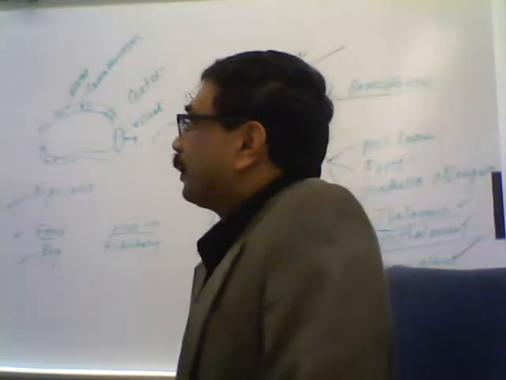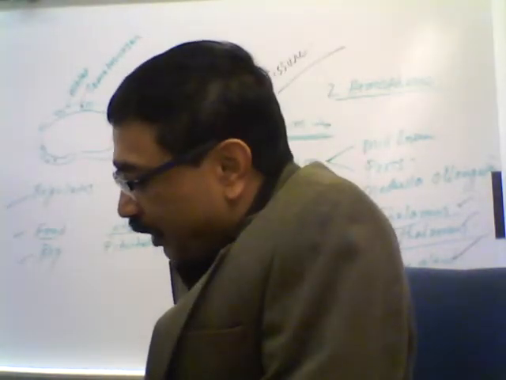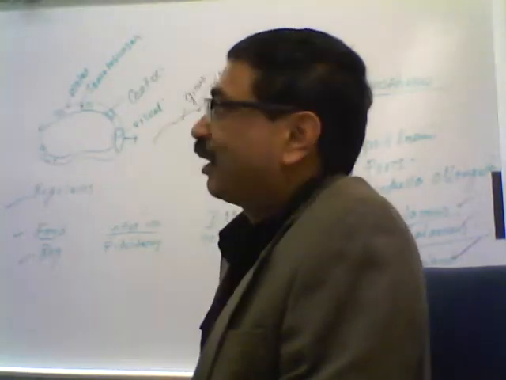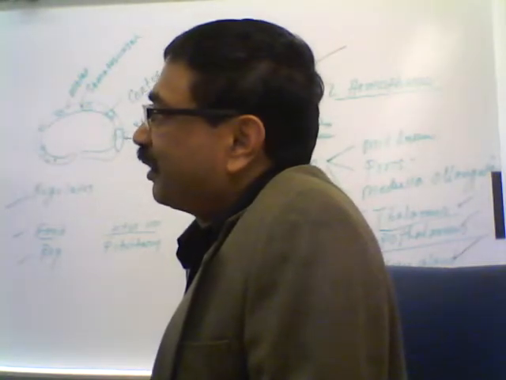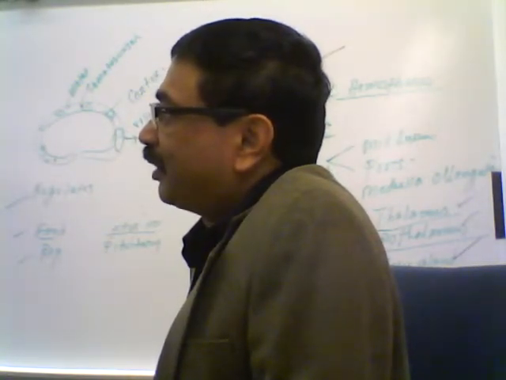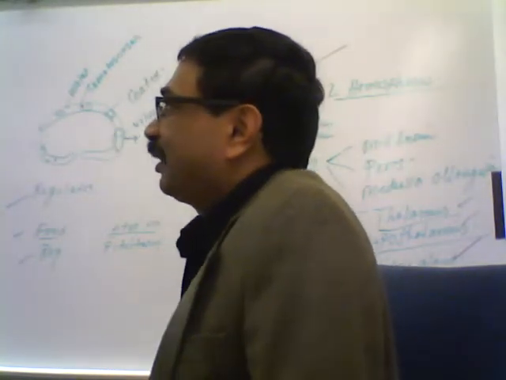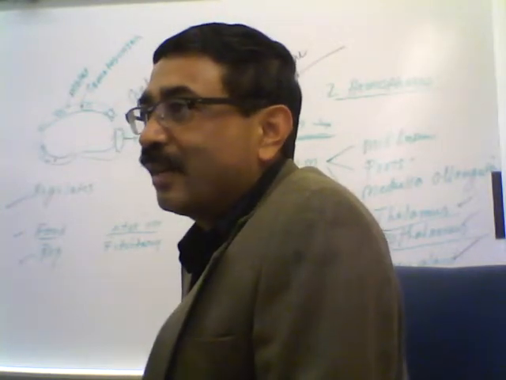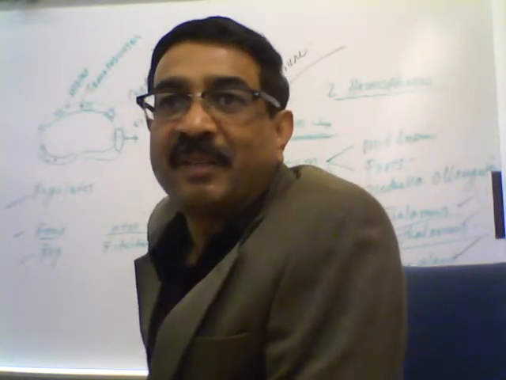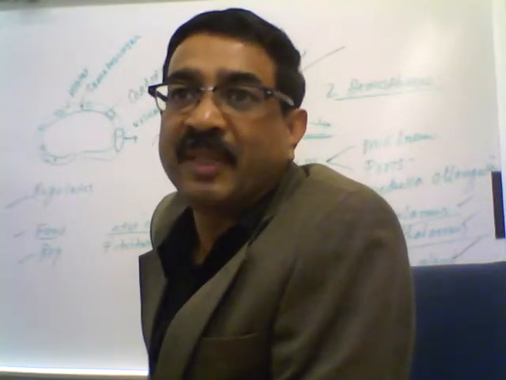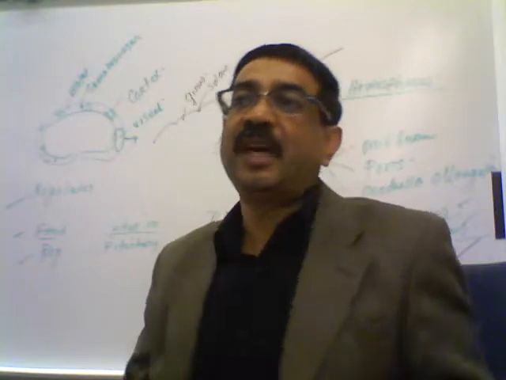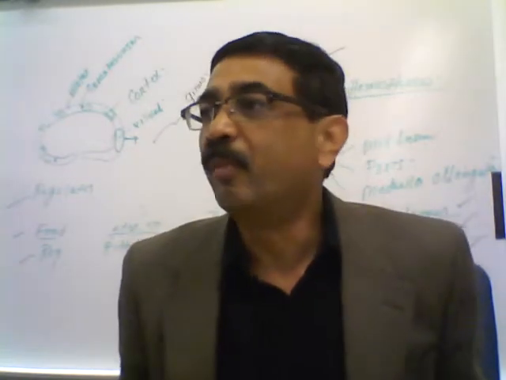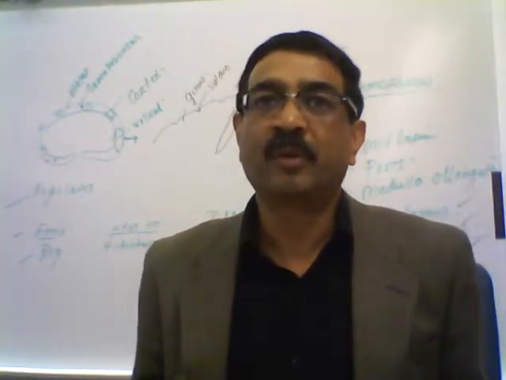Now, why is the central sulcus important? Because you see in front of the central sulcus the long gyrus, the red one, just in front of the central sulcus. That is called the precentral gyrus. Pre means before, right? Post means after. So the precentral gyrus is in front of the central sulcus, and that gyrus is also called the primary motor cortex.